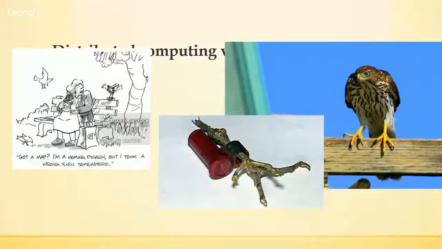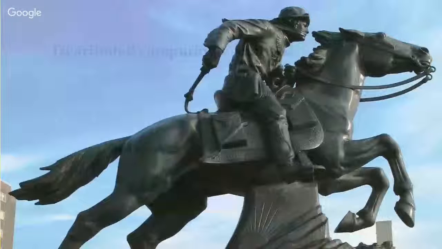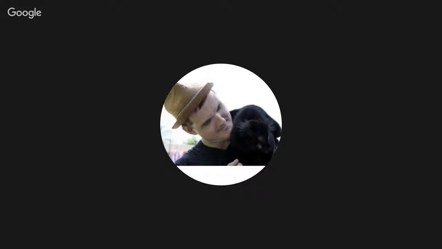So it's important to be aware that things do go wrong when you are dealing with distributed systems. It's not something you can just pretend and abstract away. Even if you are using something that guarantees reliable messaging, think about how they did that. What do you sacrifice in order to get that reliable messaging? So it's always a good idea to picture yourself in the middle of some remote place where you have to get information to somewhere else, and just don't assume that it's magically going to get there.